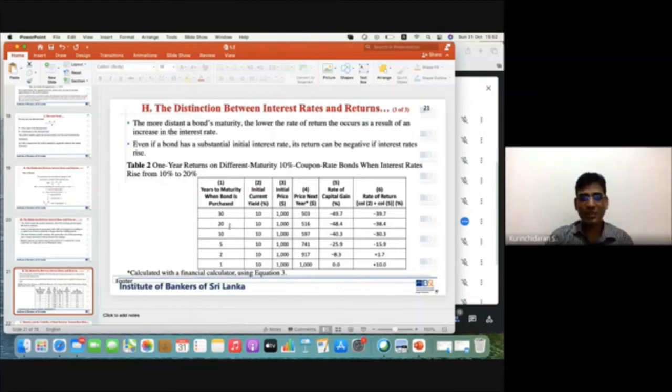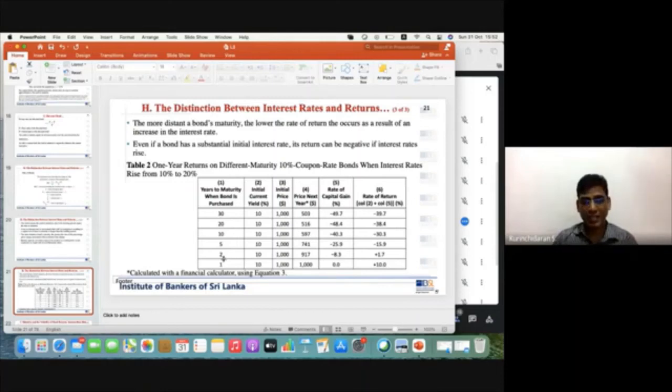See this example. First column: years to maturity when the bond is purchased. You are purchasing a bond whose years to maturity may be 30 years, 20 years, 10 years, 5 years, 2 years, or 1 year. So let's assume you bought 6 bonds with different remaining maturity.